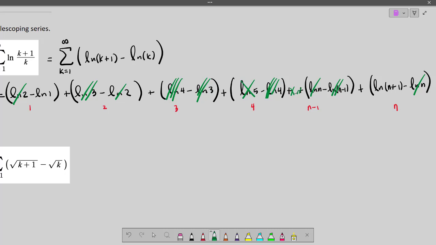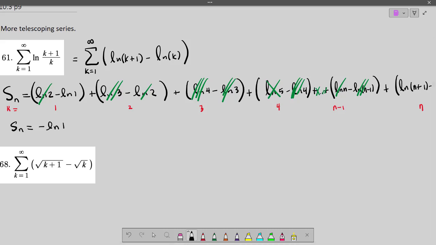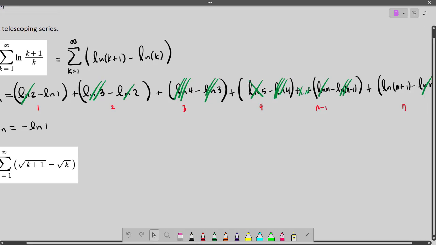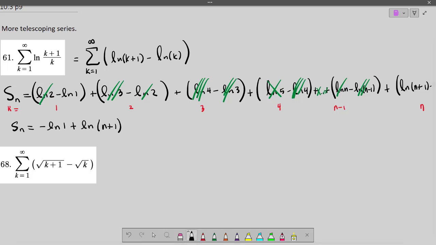So the only terms that aren't going to disappear in S sub n will be negative natural log of 1 plus natural log of n plus 1. And of course, natural log of 1 is equal to 0. So S sub n is going to be equal to natural log of n plus 1.